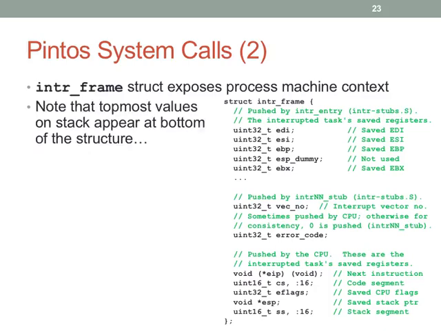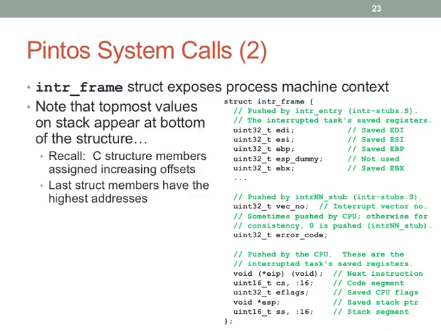of the interrupted process. The thing to notice is that C structure members are assigned increasing addresses. So when I have the struct laid out this way, EDI has the lowest address, ESI has the next higher address, and so forth, all the way down to where ESP and SS have the highest address.